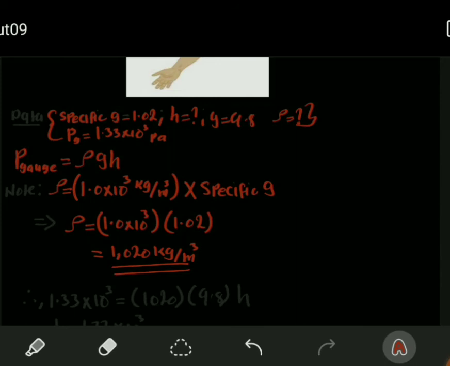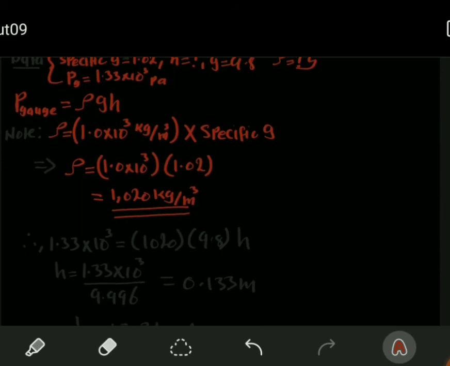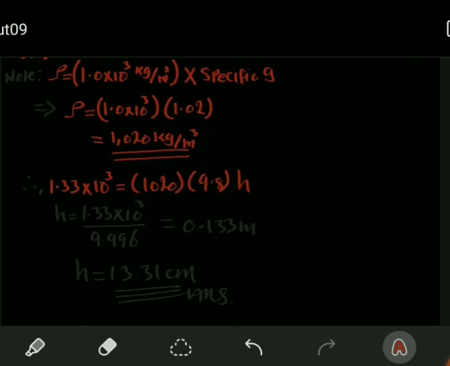Now that we have found this, the gauge pressure, which is given in the question as 1.33 times 10 to the power 3 pascals, is equal to density times g times h. The gauge pressure equals rho g h, from which we can obtain the value of h.